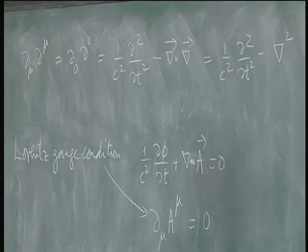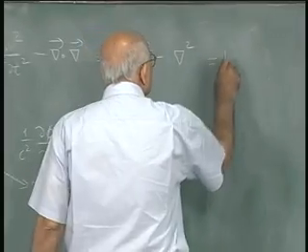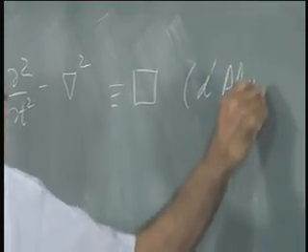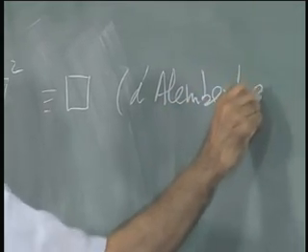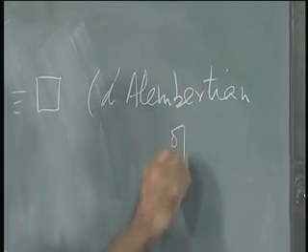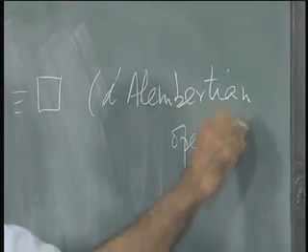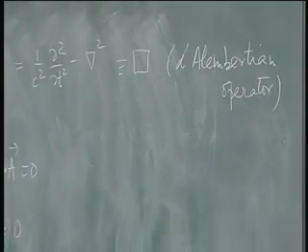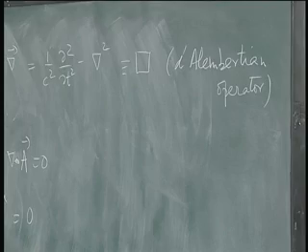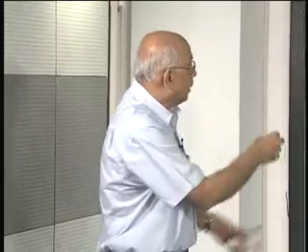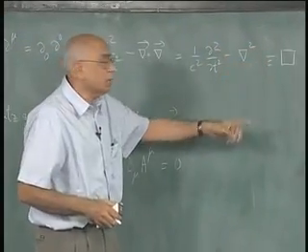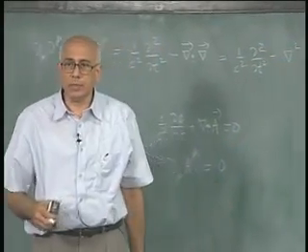Since it appears all the time, it has a name, it is written as a box, and it is called the D'Alembertian. It is written in this simple form. And now of course we know that if something obeys the wave equation, then box on that equal to 0, that is a simple thing.